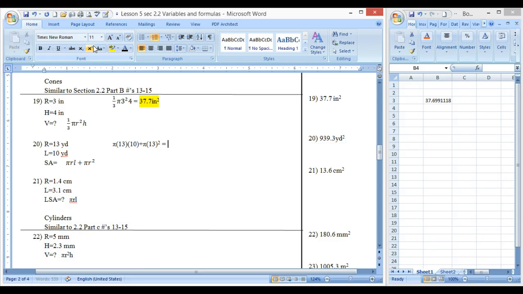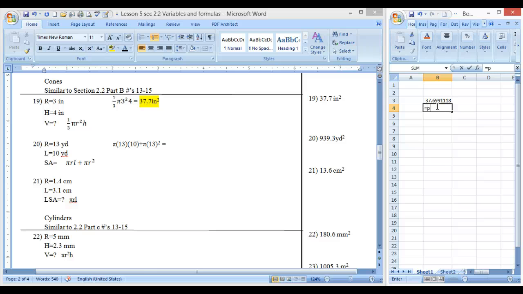Okay, now again, using the order of operations, we need to do the parentheses first, but nothing's within here that we need to calculate. So the next would be exponents, so 13 squared, and then we would come back and do all of these multiplications. Or we can type it into Excel or into your calculator.